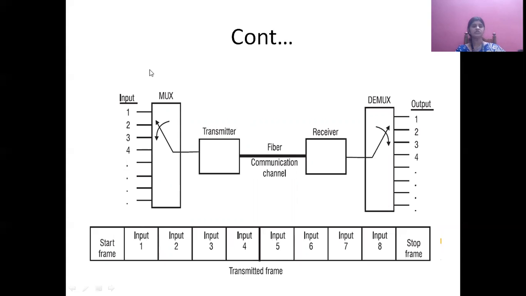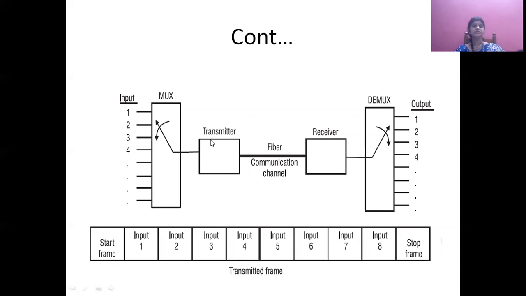During the second rotation, it takes the second set of samples and transmits them in time slot 2. During the third rotation, it takes the third set of samples and transmits them in time slot 3. Likewise, all the signals are combined and transmitted through the same transmission medium but at different time slots.